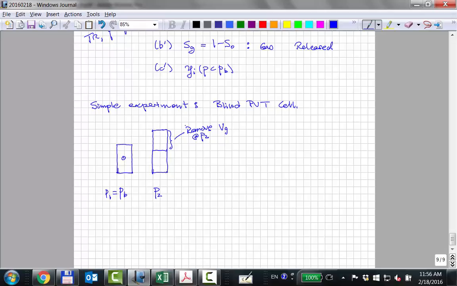We remove it at that pressure. So we know this volume of gas at 2. And once we've removed everything, what's left in the cell, we know that. So we don't need to visually see it. We actually just measure them directly because we're removing all the gas. So basically we get that and we get that.